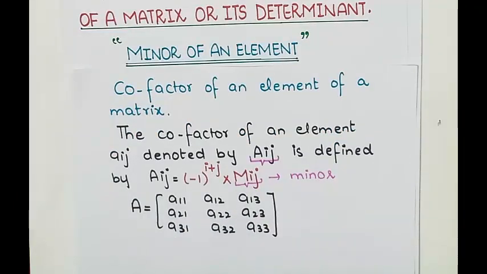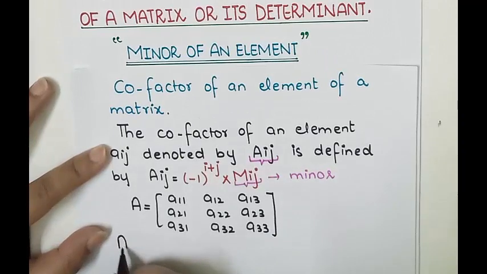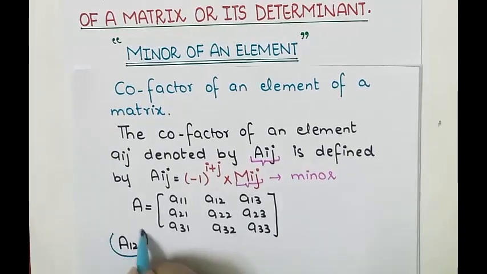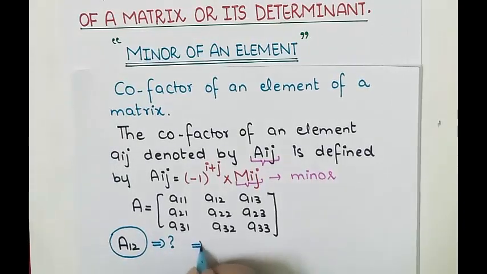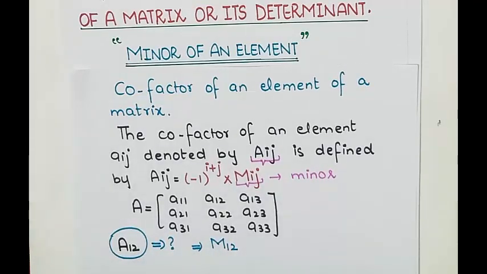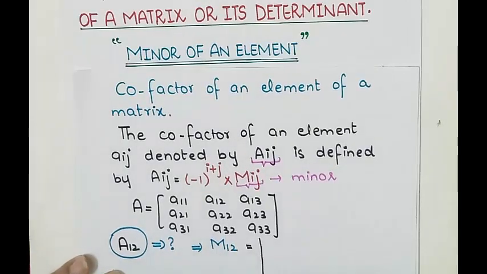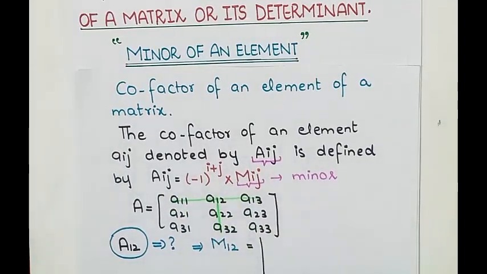How can we calculate it? Suppose we have to find the cofactor A12. For that we have to find the minor M12, and the minor M12 is equal to the determinant, and now we will remove the first row and second column.